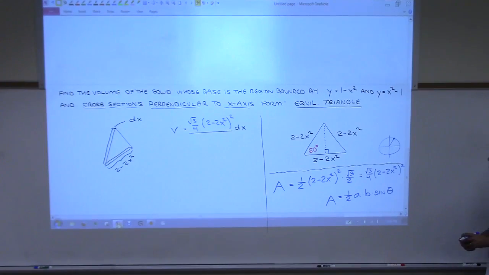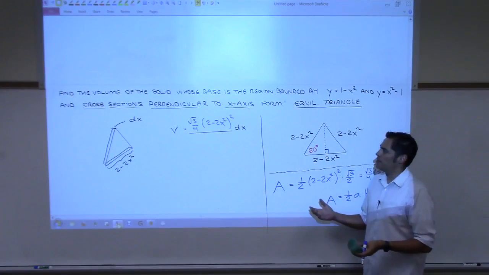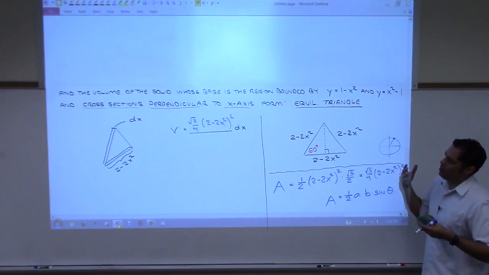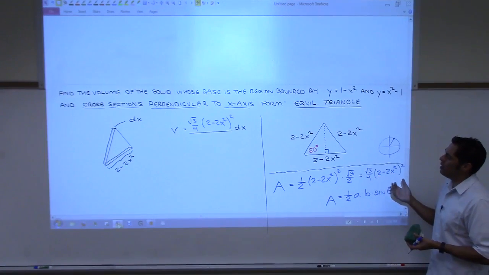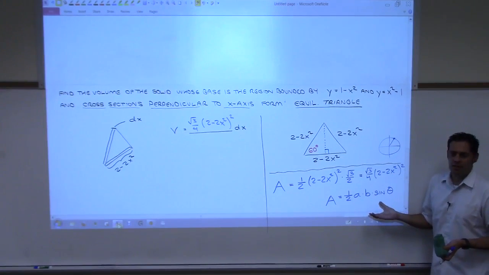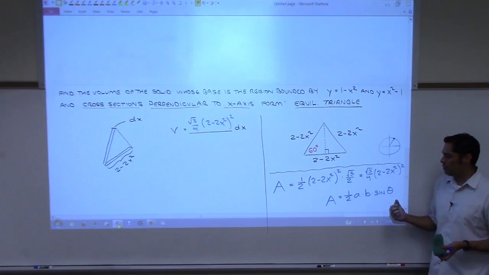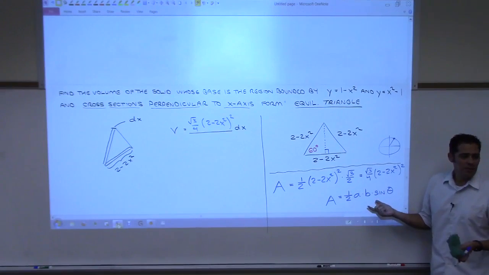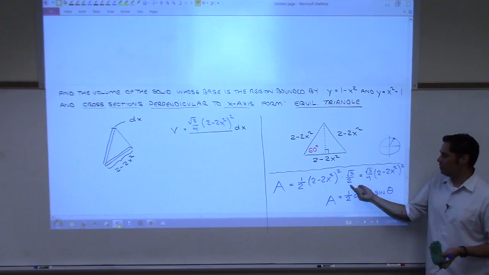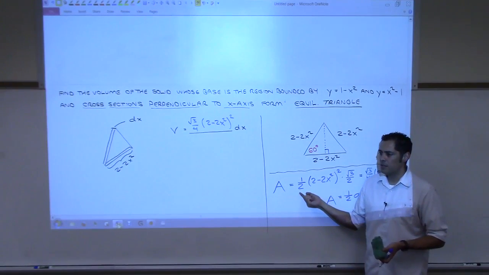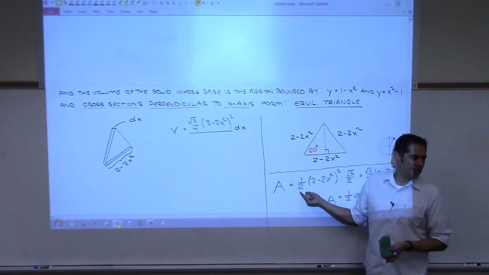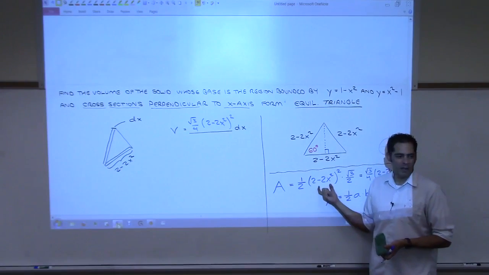If we have another problem and we're asked to find equilateral triangles, the only thing that's going to change is the subtraction of the two functions. You're always going to have the root 3 over 2 because you're always going to have 60 degrees on an equilateral triangle. And you'll always have the 1/2 because the formula has a 1/2 in it. It's this piece right here that'll change.